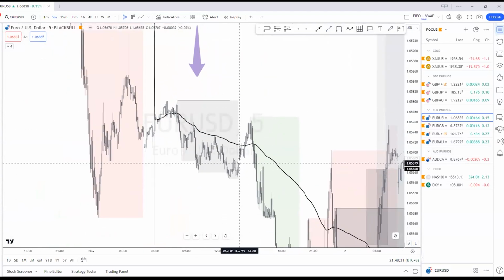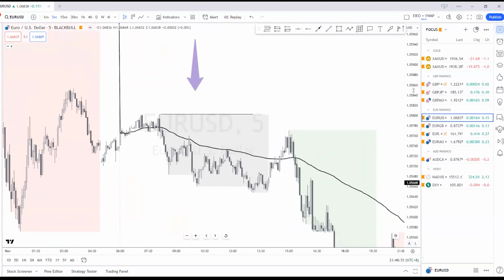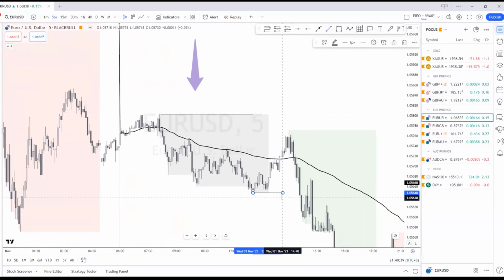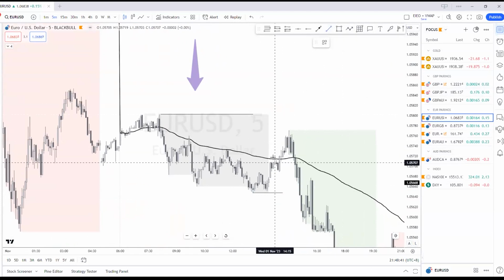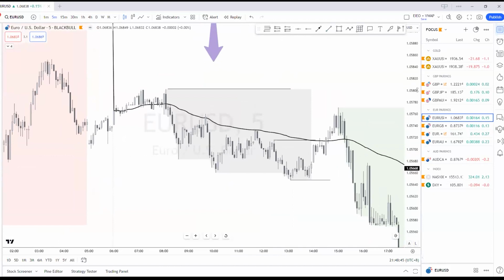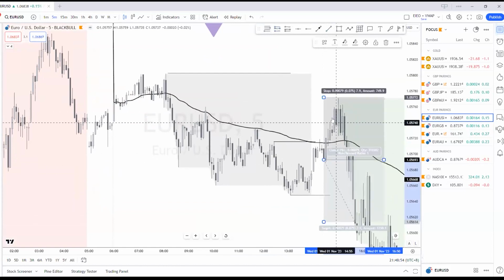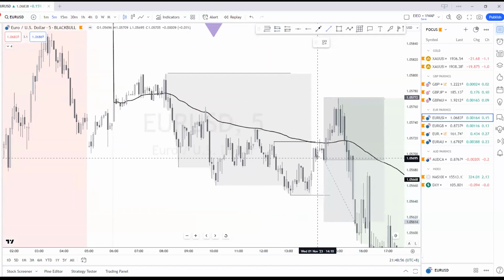I think I did a FOMO here. The high here and the low here, I thought this was the manipulation at that time, and then there is a bearish close below here. That was my confirmation, and I entered here.